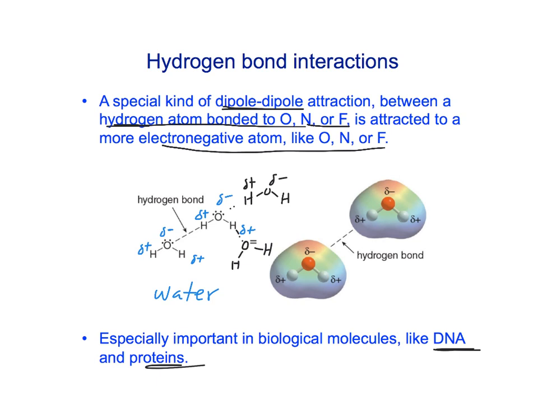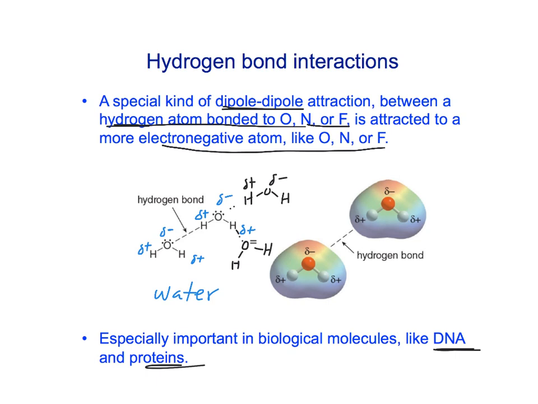So one thing to keep in mind is that all of these intermolecular forces are just attractions. None of them are complete bonds. We call these hydrogen bonds, but they're just electrostatic interactions between a partial minus charge and a partial plus charge.